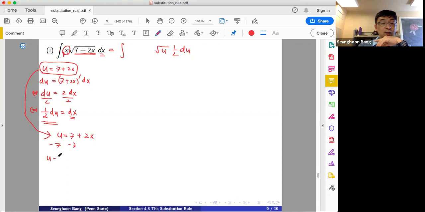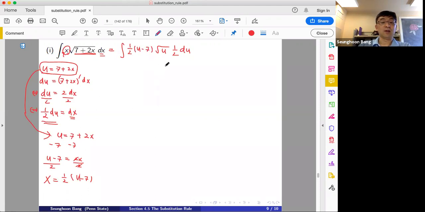Exactly, u minus 7 equals 2x. Next, divide by 2, so the 2 is crossed out. What is x? X is 1 over 2 times u minus 7. So we have it. So here, 1 over 2 times u minus 7.